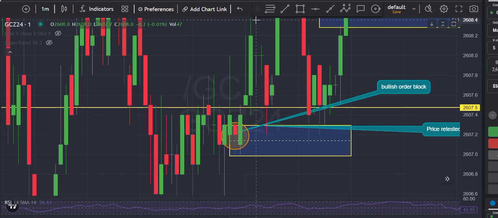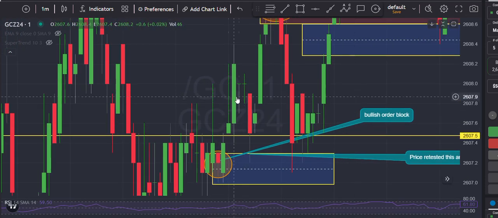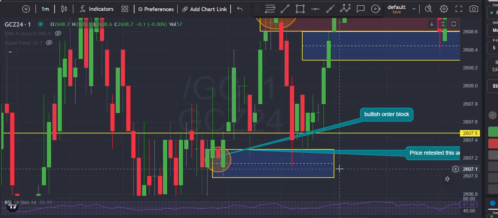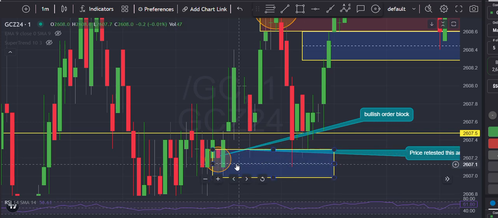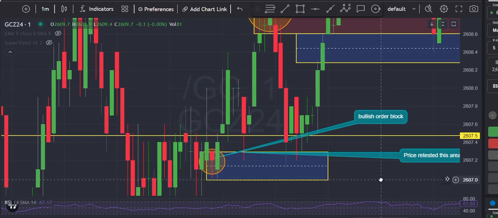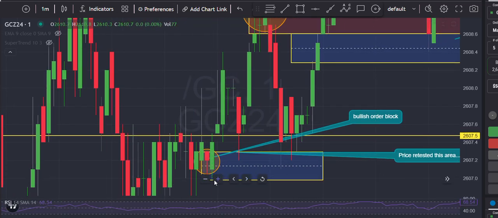And as you can see, price goes up, it comes down, retests this area, goes back up, and you really don't see anything disrespecting this order block that was created at 11:58 today a.m., right before 12. So this would have been the 12 p.m. opening candle that took us up.